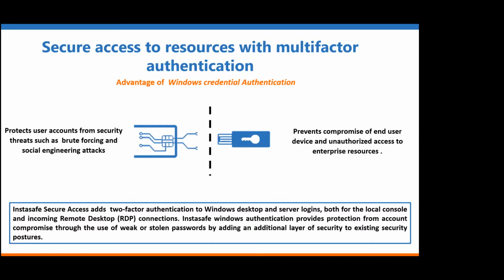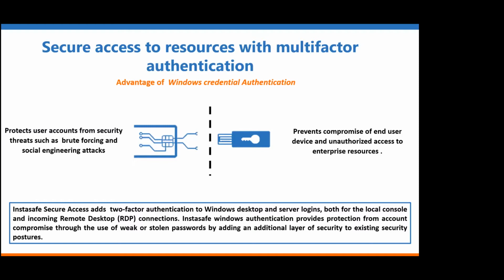Now, what InstaSafe Windows multi-factor authentication does is, in addition to existing passwords, it verifies the user with a second authentication factor. The second authentication factor might be anything, from an OTP received via SMS or email, to biometric authentication.